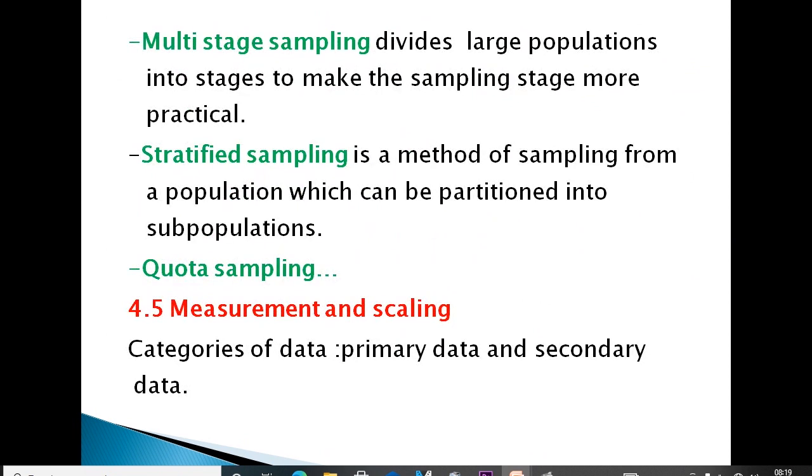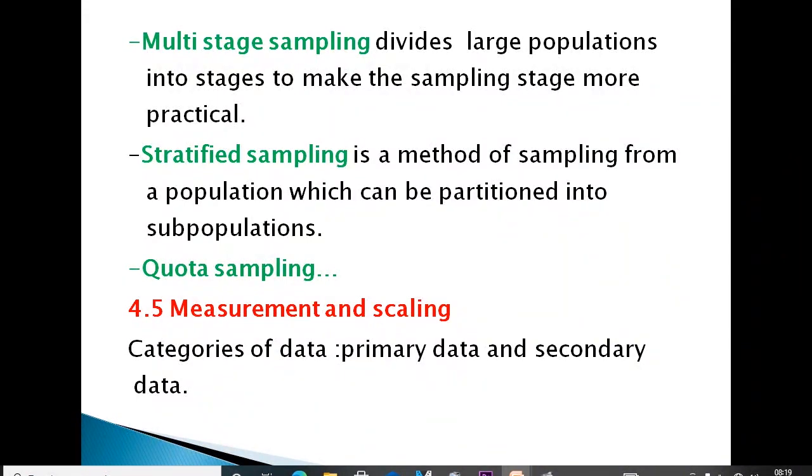We have multistage sampling, which divides the large population into stages to make the sampling more practical. We also have stratified sampling, which is the method of sampling from a population which can be partitioned into subpopulations. There are so many. We also have quota sampling.